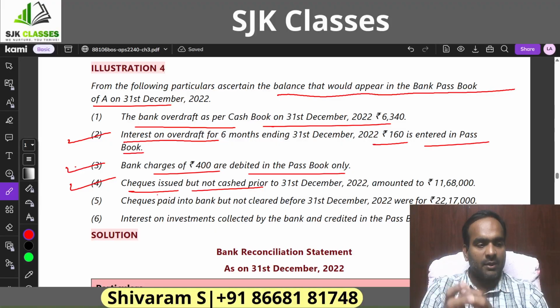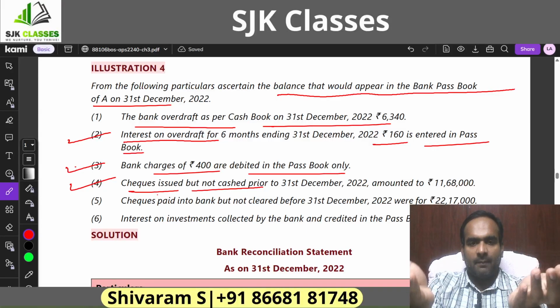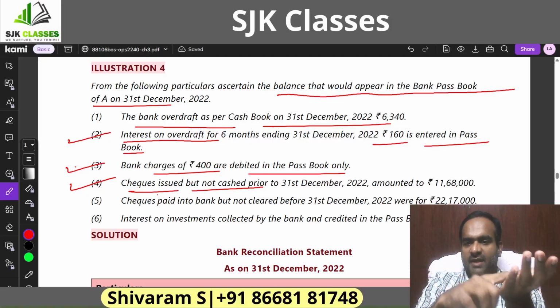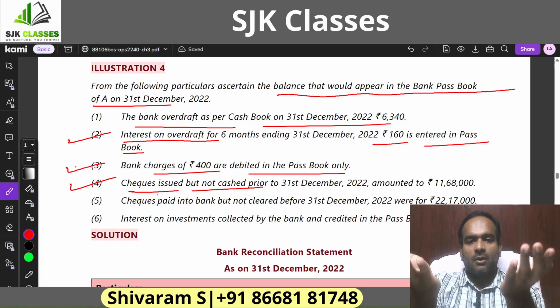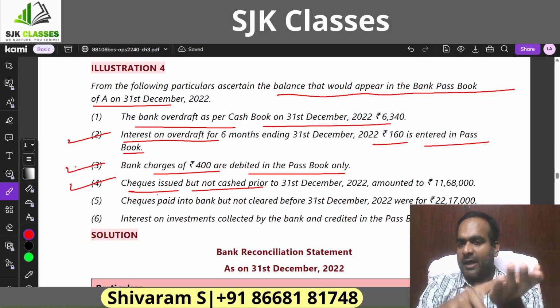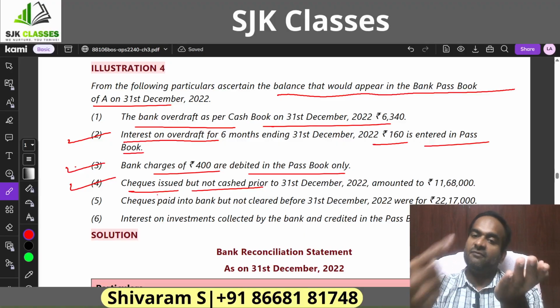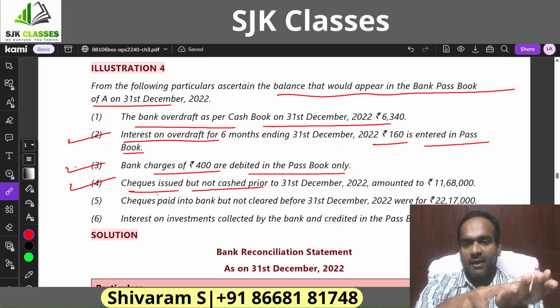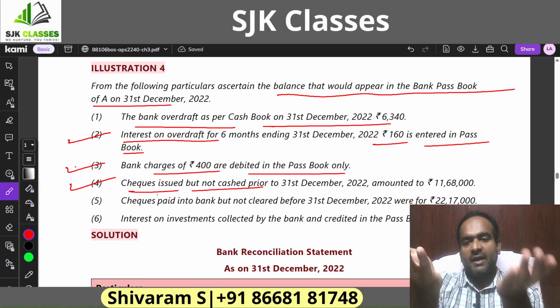So what is the scenario here? My left hand is going to be cash book and it's a case of payment. Left hand is cash book, right hand is passbook. We have issued the check and made the entry in the cash book. Already my opening balance is negative. This is a payment, which is a further negative event. On a negative balance, if you give a negative effect, the negative balance will go up.